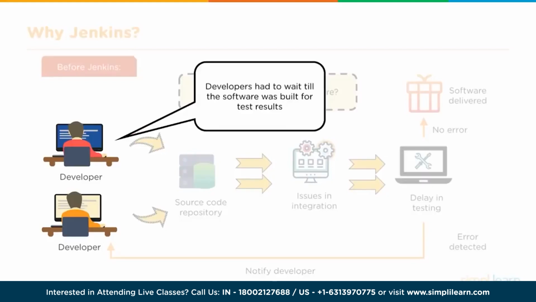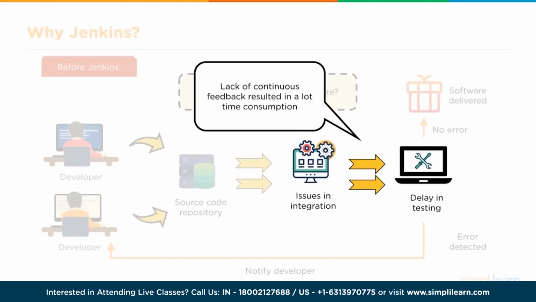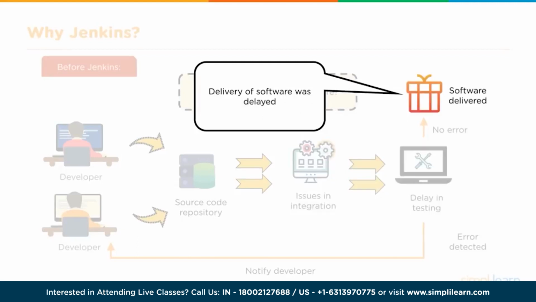The challenge developers had is that if they wanted to run any tests, they had to wait until their software was built, and there were a lot of problems in providing feedback, particularly if you had large teams working on software or needed to find who had the error. The delivery of software was often delayed because of these key problems.